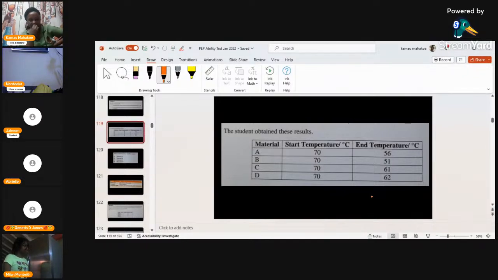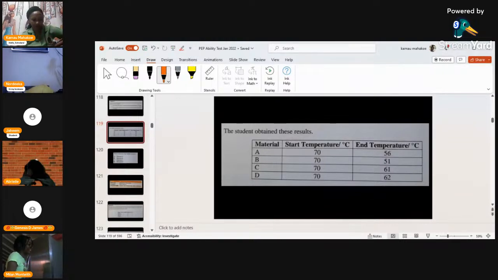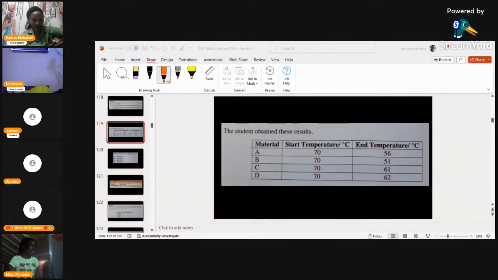From 70 to 62, what has been lost? How much? Anyone? If we started at 70 degrees and now it's 62 degrees, how many degrees of heat has been lost?